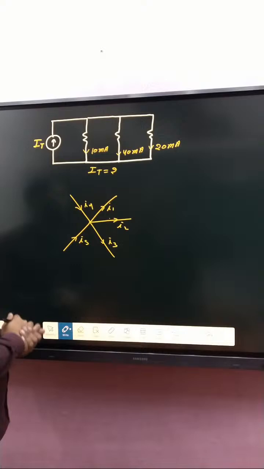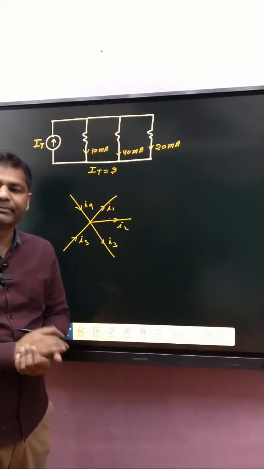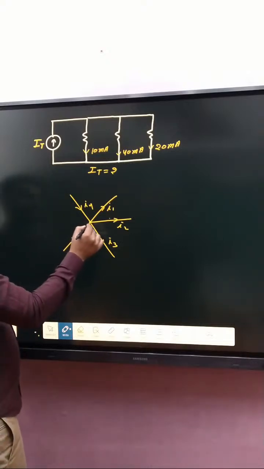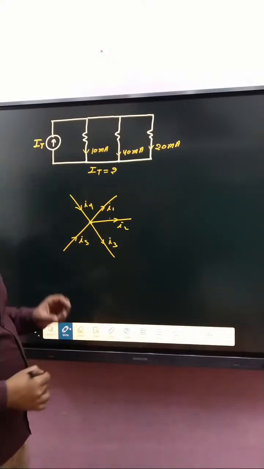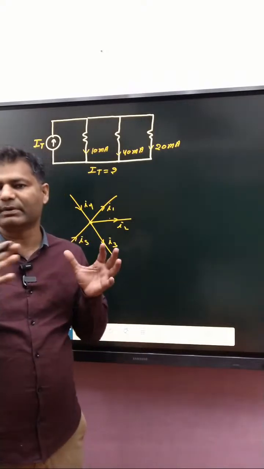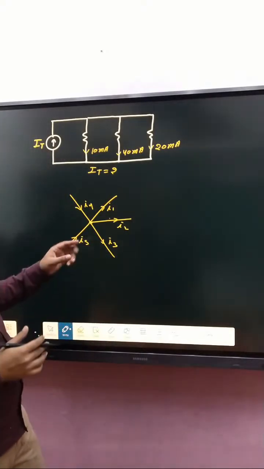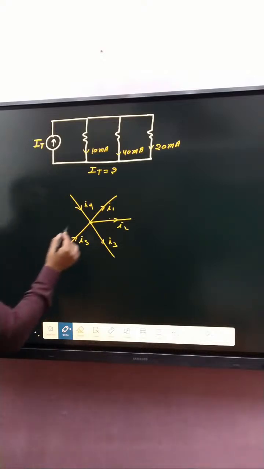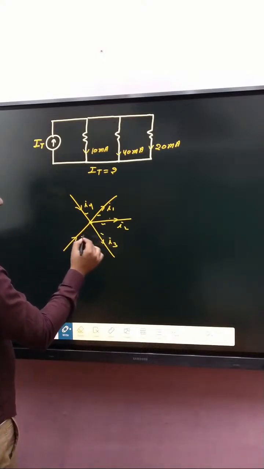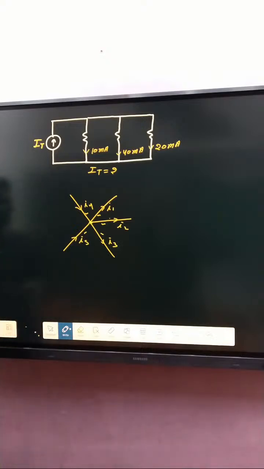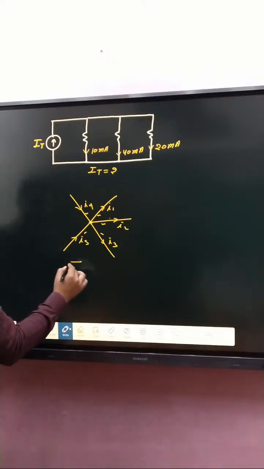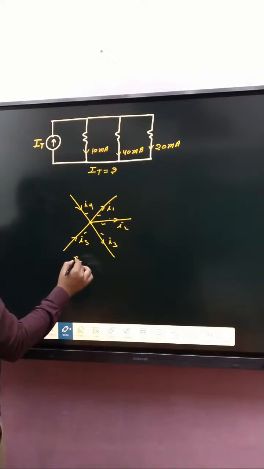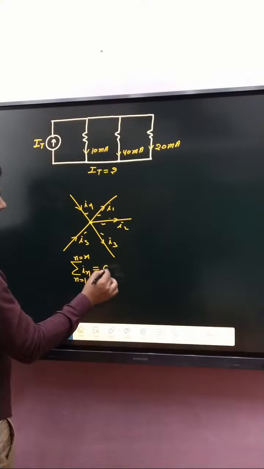According to KCL, the algebraic sum of current at any node is called a node. Node means more than two branches are attached. Here there are 1, 2, 3, 4, 5 branches. So the algebraic sum of current at any node is equal to 0.